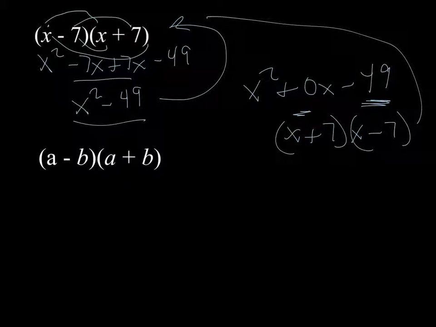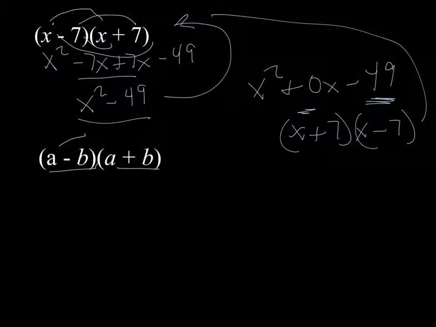So as it turns out, whenever you multiply a minus b and a plus b, two generic terms, you're going to end up with the first term squared, a squared, and the second term squared, b squared, with a minus in between.